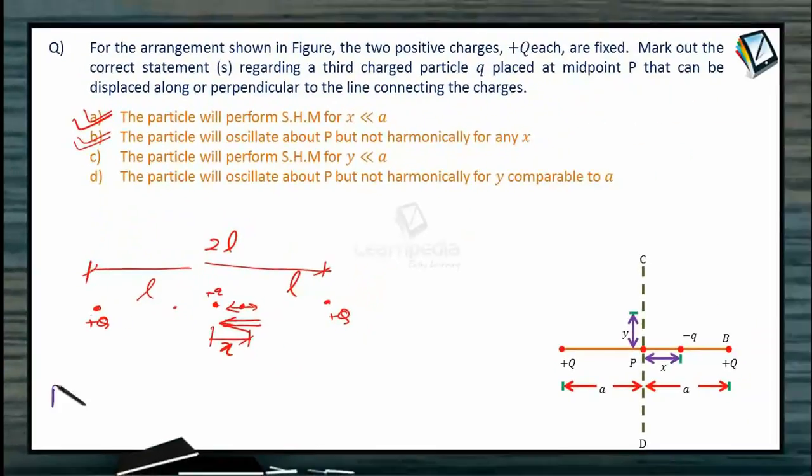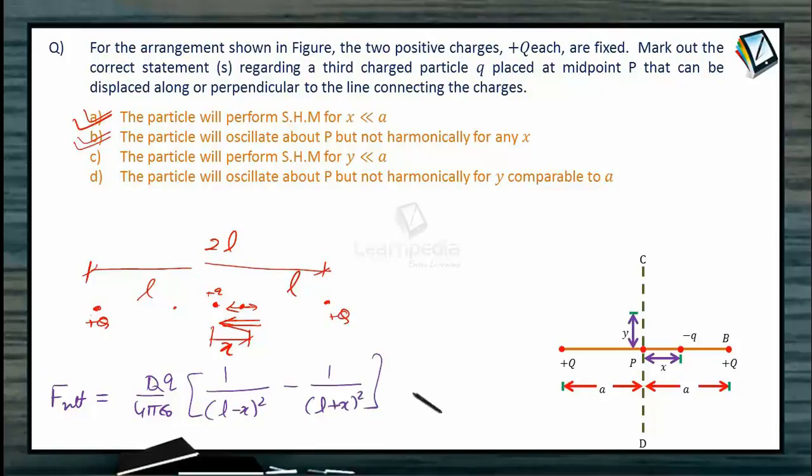So F net is going to be 1 upon 4 pi epsilon naught, and the common term is capital Q into 1 upon (L minus x) whole square minus 1 upon (L plus x) whole square. So this becomes Q divided by 4 pi epsilon naught into, in the denominator (L square minus x square) whole square, and in the numerator it will become 4Lx.